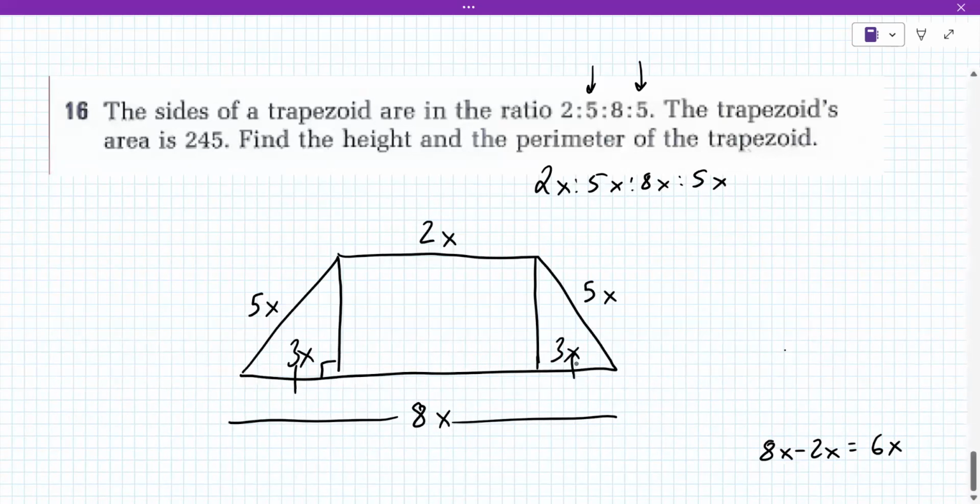How do we find the height of the triangle if we know that it's 3x and 5x? The Pythagorean theorem. But we're used to numbers, we're not used to doing it with variables. So ignore the variable. Let's say it was just 3 and 5. What would the height be? 4x.